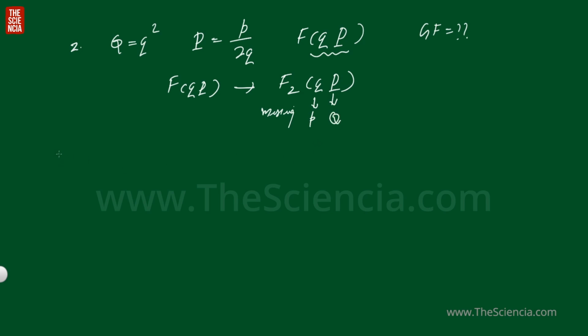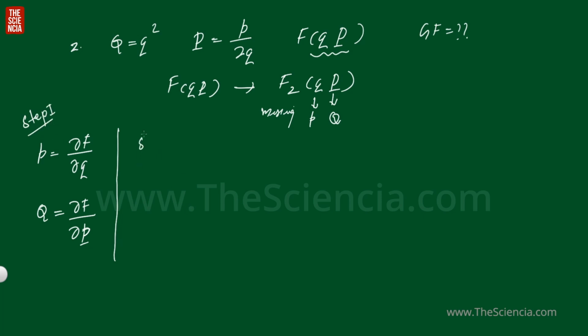So we can write the canonical transformation equations, that is, missing coordinate is equal to dou f by dou present, that is small p equal to dou f by dou q. And another equation is capital Q equal to dou f by dou present, that is dou f by dou capital P. This is step 1 in solving this equation. Now step 2. Step 2 is we have to find df.